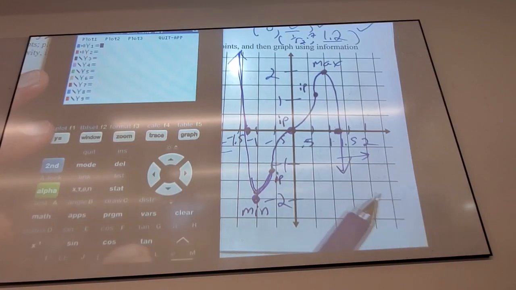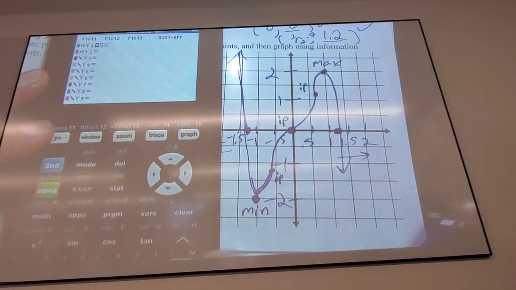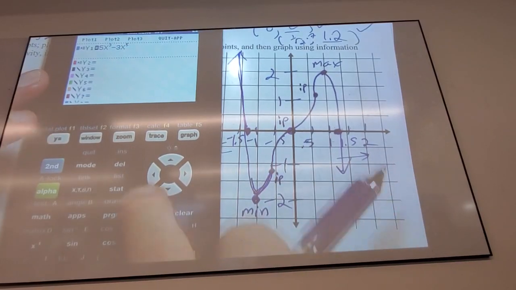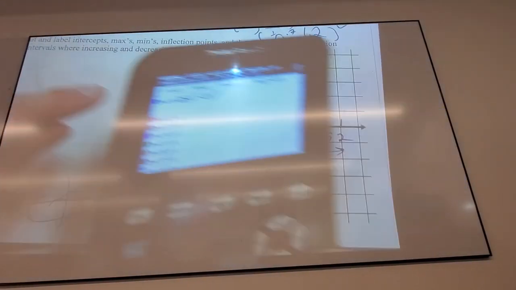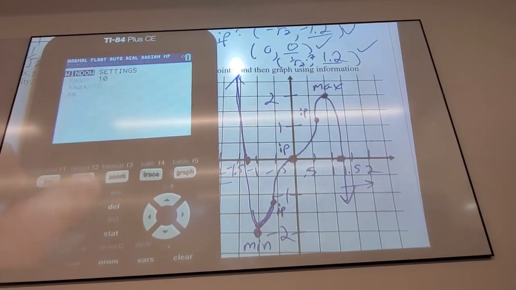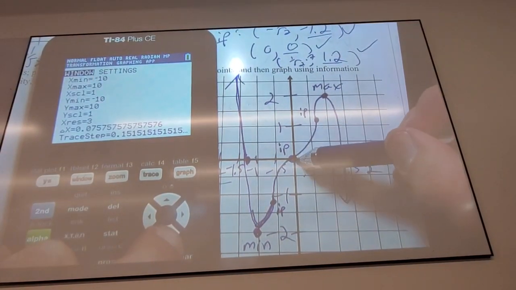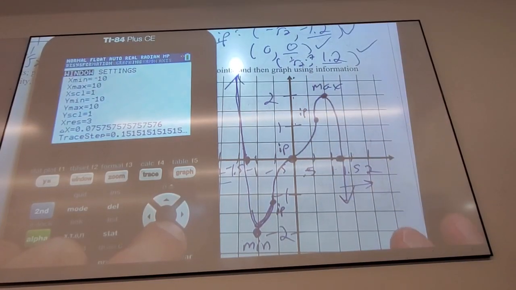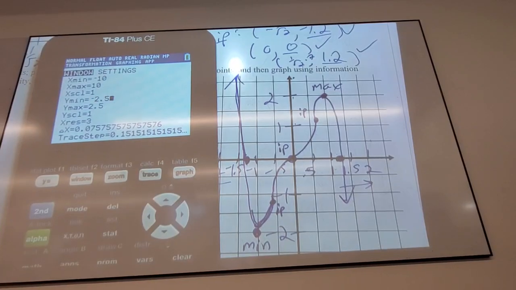5x cubed minus 3x to the fifth. And I'm going to make the scale the same, so it kind of matches better. I'm going to go to my window. My scale goes up to 2.5 for the y, right? And down to negative 2.5. You guys kind of with me?